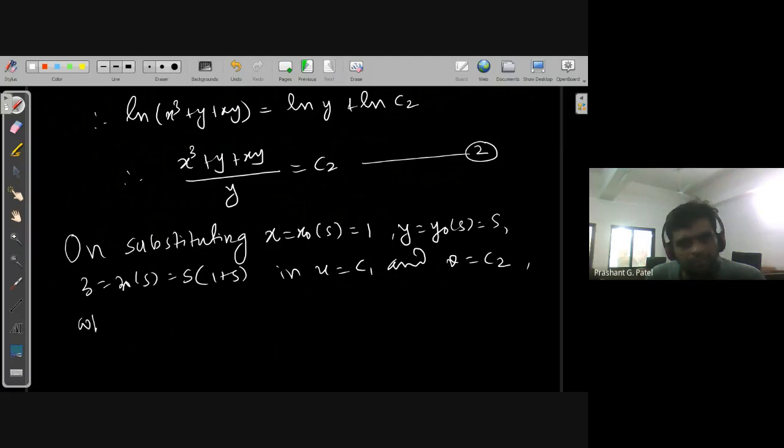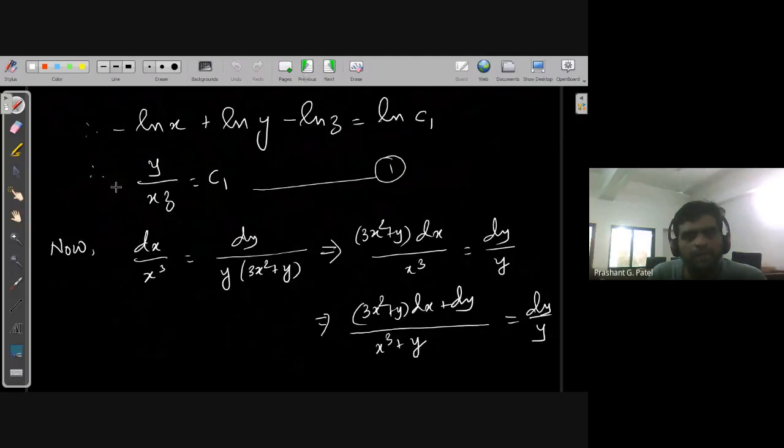We get, what will we get? This is our v and this one is u. If I substitute this value where y is s, it is s upon 1 into s into 1 plus s.